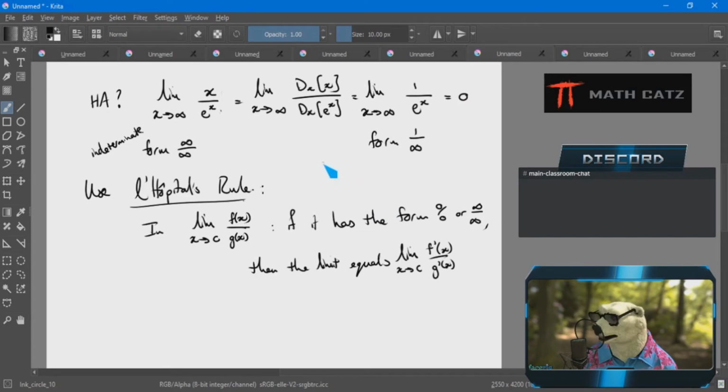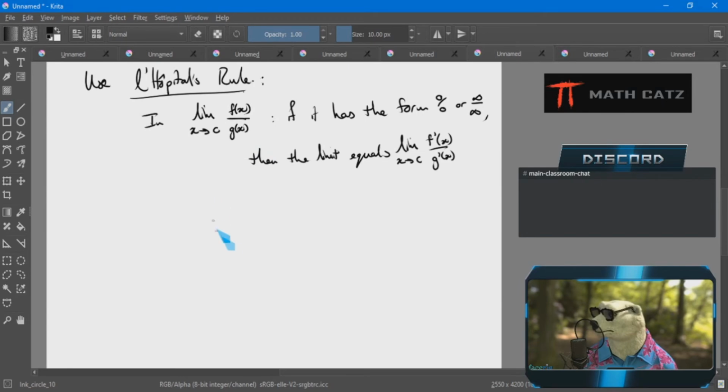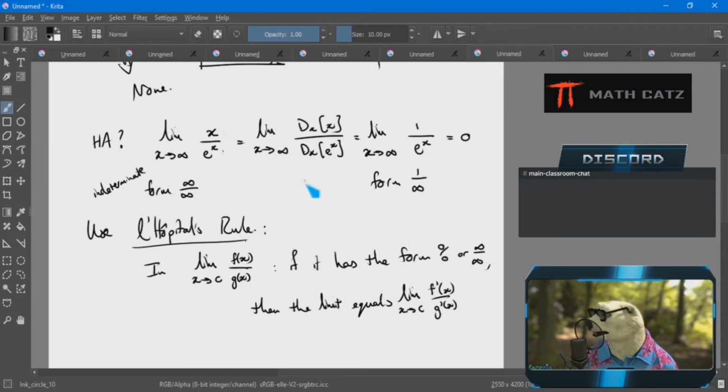So there's a lot more going on here, and it's because one of the pieces is not a polynomial anymore. L'Hopital's rule is very handy to tell me how this thing behaves, but I can only do it for a limit that looks like this. So I'll squeeze it in here.